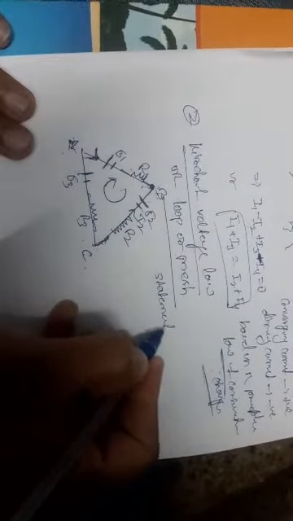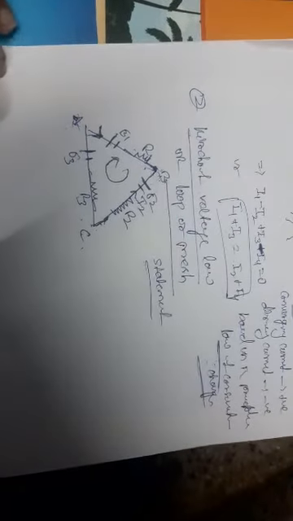See, first, what is the statement of Kirchhoff's voltage law? This is a closed path, called an electrical network.